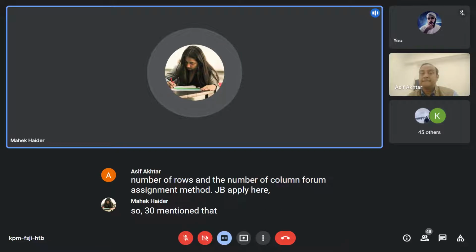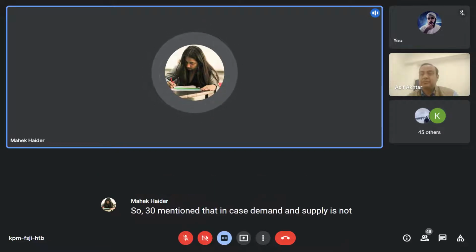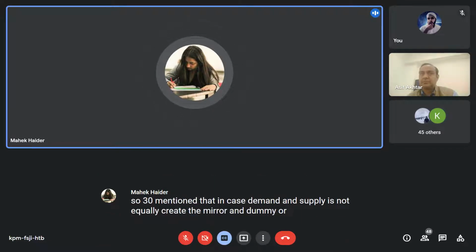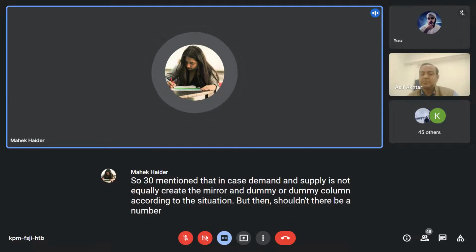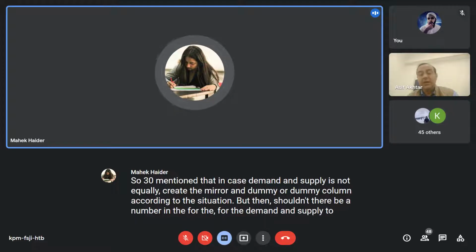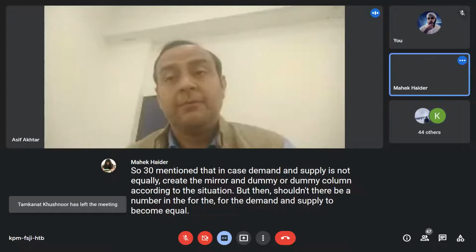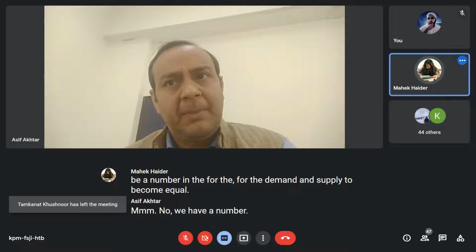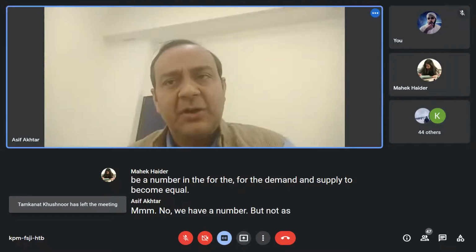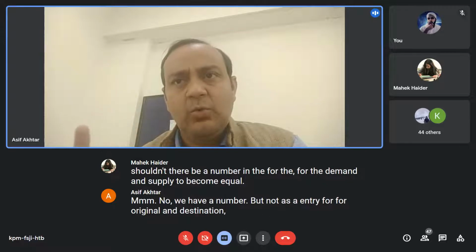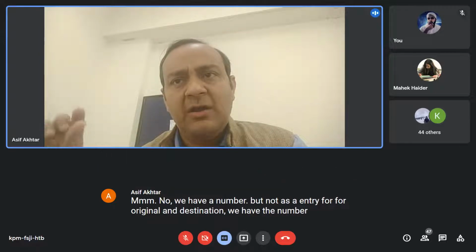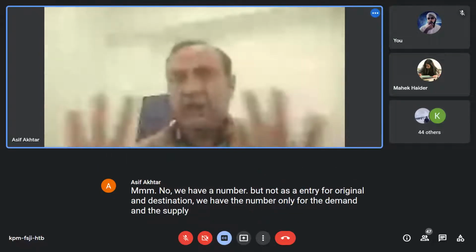Sir, you mentioned that in case demand and supply is not equal, we'll create dummy row and dummy column according to the situation. But then shouldn't there be a number for the demand and supply to become equal? No, we have a number, but not as an entry for origin and destination. We have the number only for the demand and the supply.